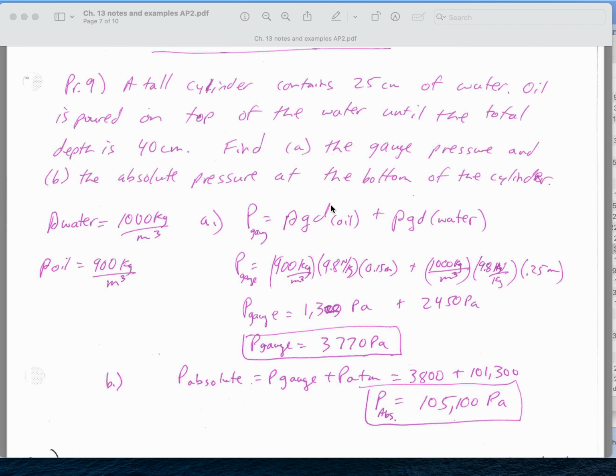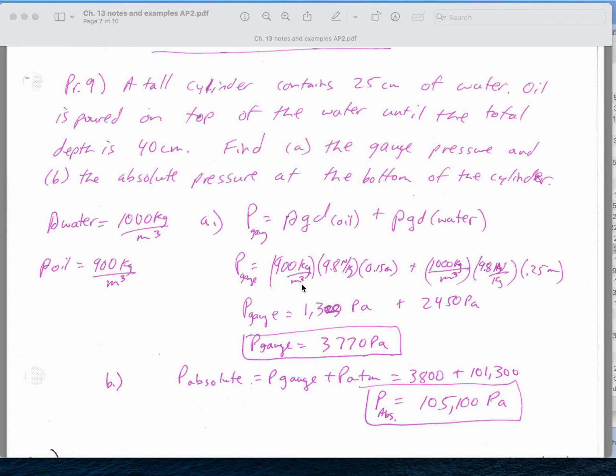Gauge pressure is equal to this formula, which is density times g times depth of the oil plus density times g times depth of the water. So essentially, density is mass per volume. So when we multiply this by newtons per kilogram, we're looking at weight per volume. And it's essentially figuring out the weight of all that liquid.